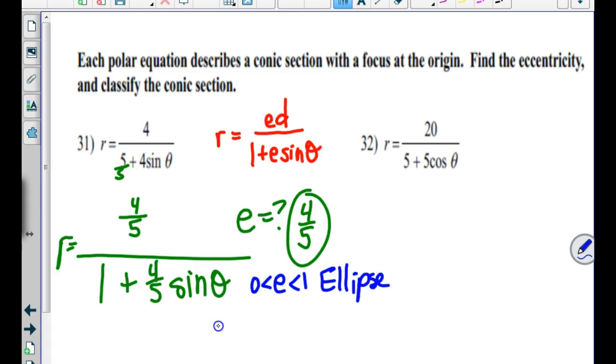If it asked for the directrix, it would have said next to this up here, let's see, because it's sine, it's y equals. So anybody know this directrix? How would we find D? This one's ridiculously easy.